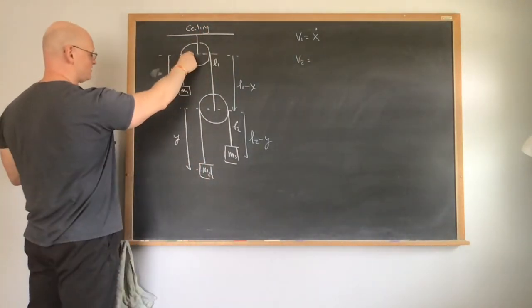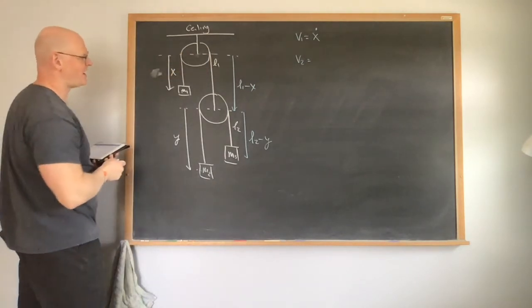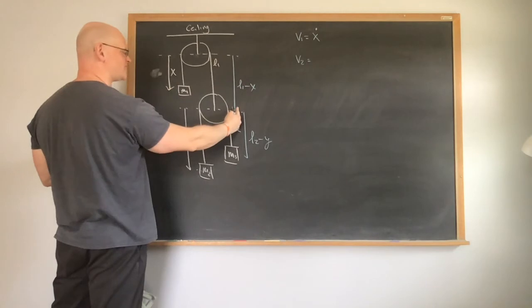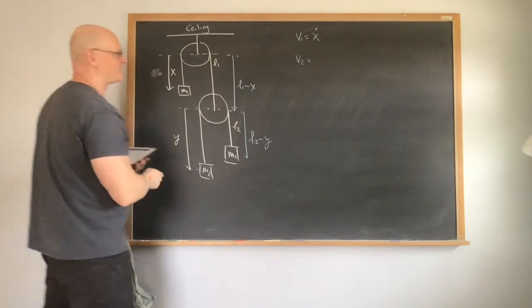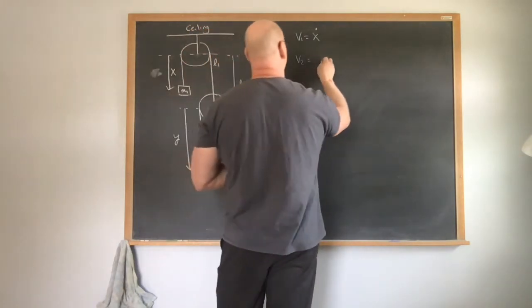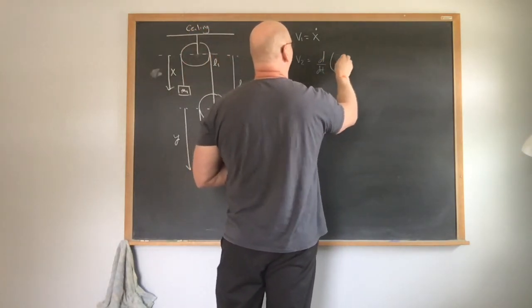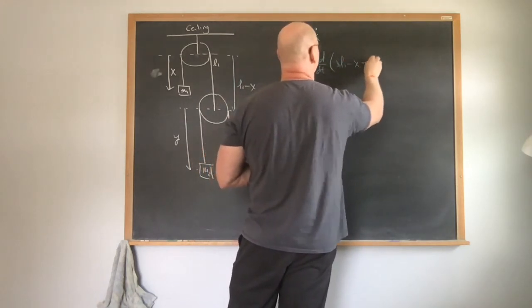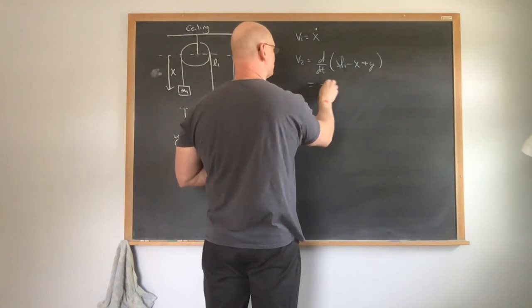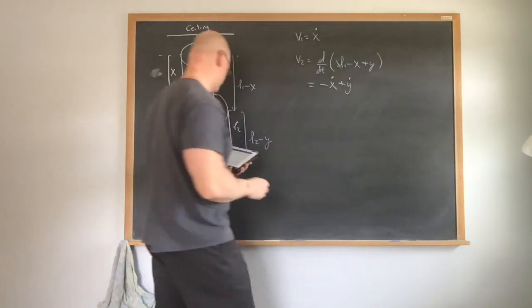The total distance from here, because I'm taking everything in reference to actually this line. So what I know is the distance from here to here is going to be L1 minus x, plus the distance from here to here, which is then going to be y. So V2 then is going to be the time rate of change of L1 minus x plus y, which is the same thing then as minus x dot plus y dot. Okay.